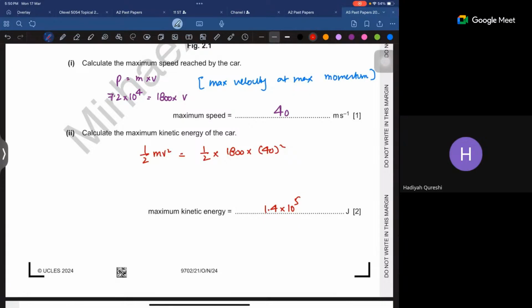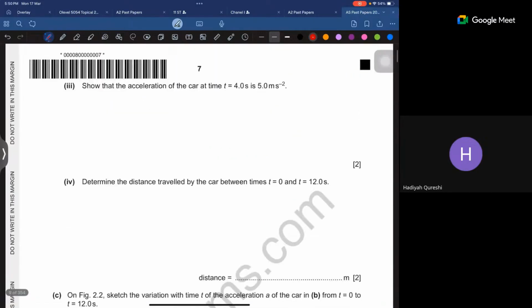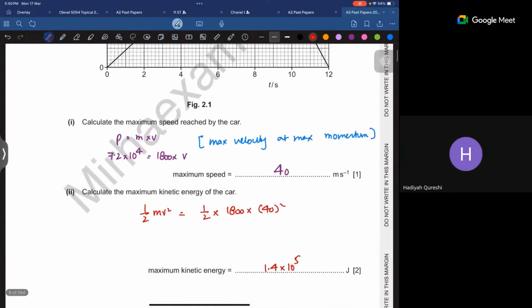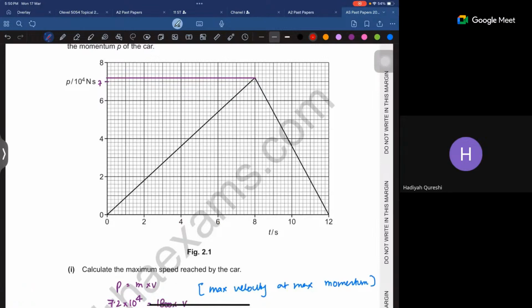Then we have the next, which is to show that the acceleration of the car is this. Now, for acceleration, basically, force is change in momentum over change in time, right? So for that, we need to find the force.